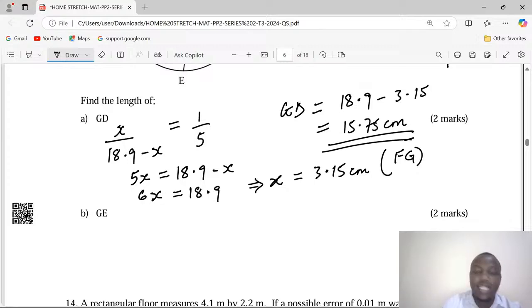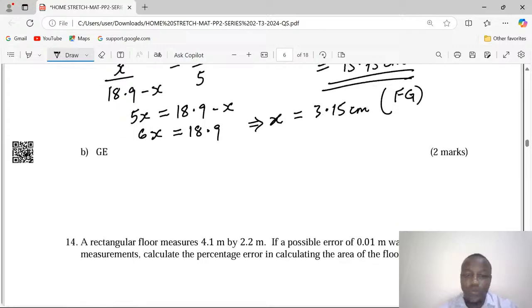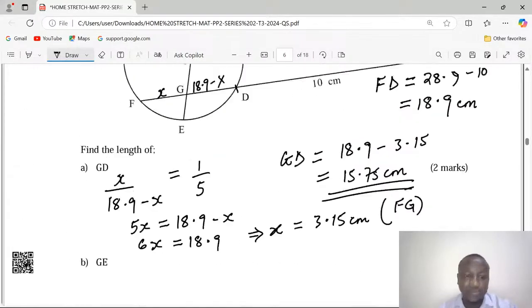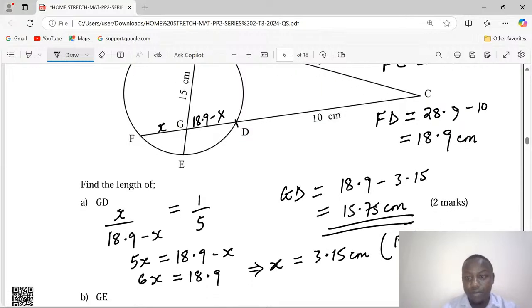15.75 centimeters. So that is the length that we intended to calculate. The other one is GE.